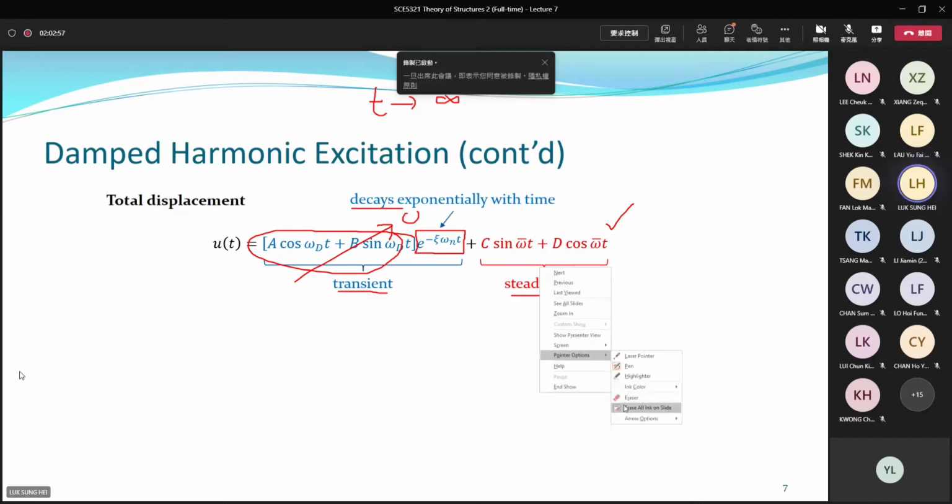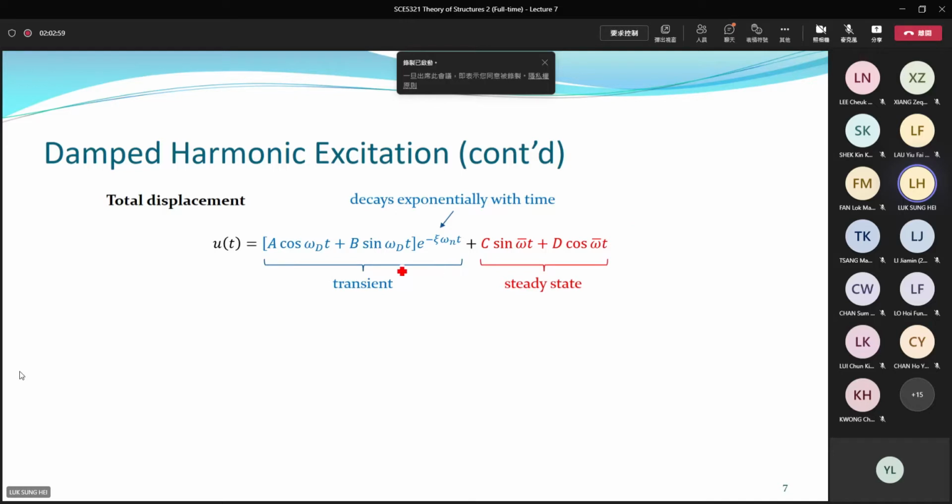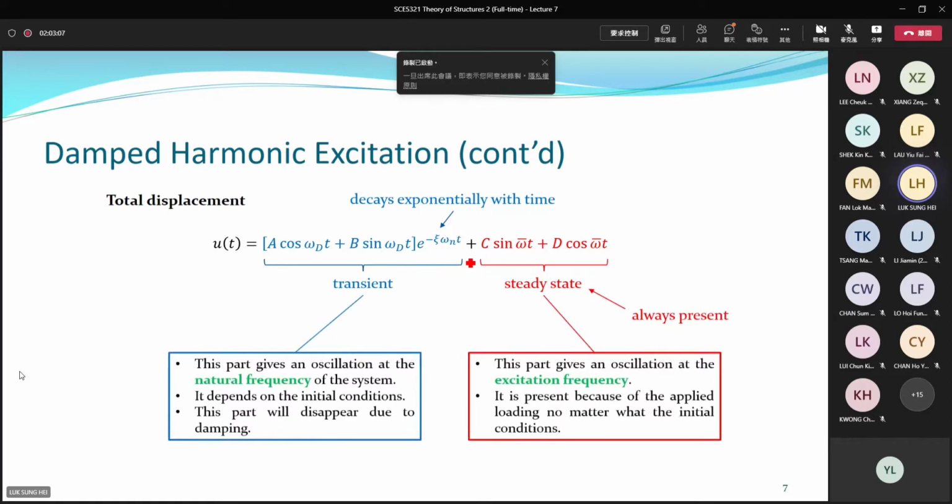So these are the physical meanings of the response. You can understand mathematically with homogeneous and particular solutions, or you can understand physically. I think it's good to understand both. The transient response depends on the natural frequency, omega n or omega d, and disappears as time goes on because of damping.